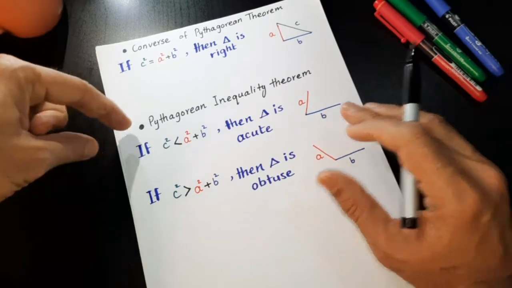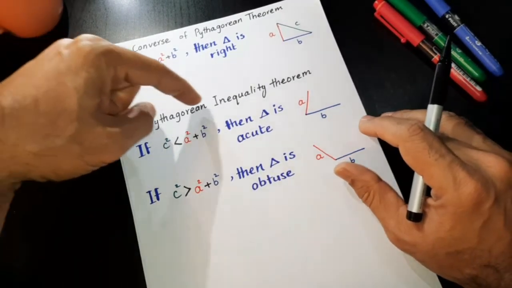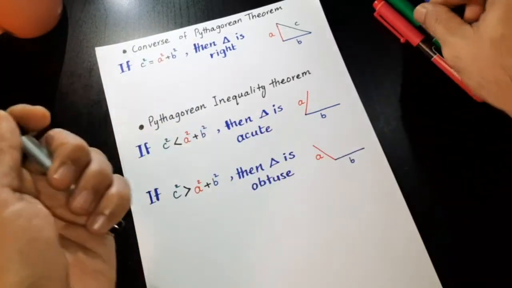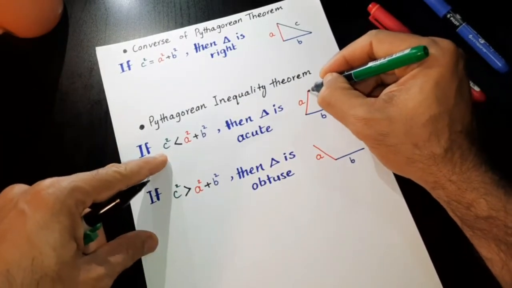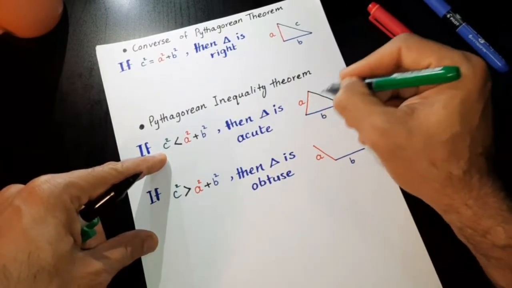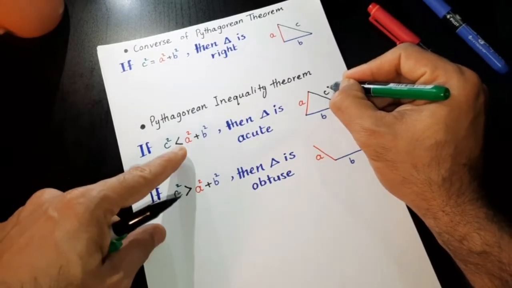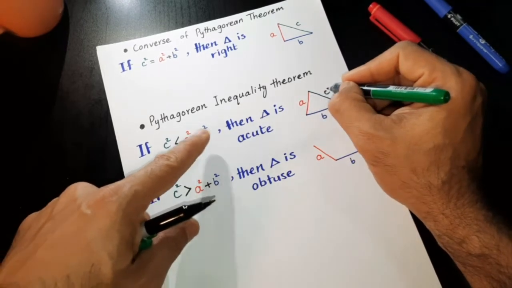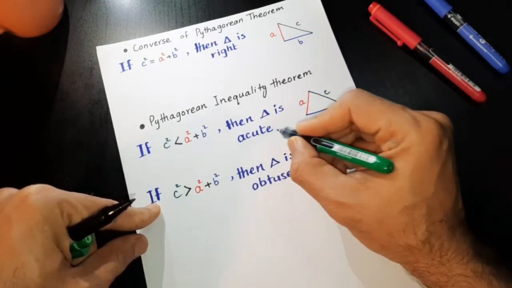And the second part of this lesson is Pythagorean inequality theorem, which states that if the C, and remember that the C has to be the longest side of the given, okay? So if C squared is less than A squared plus B squared, then the triangle is going to be acute.